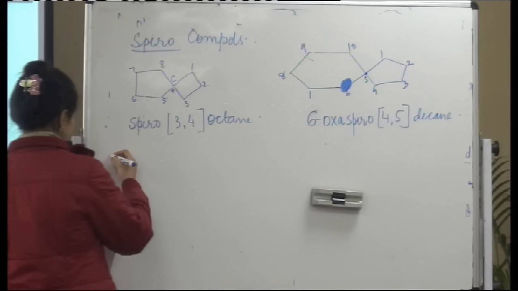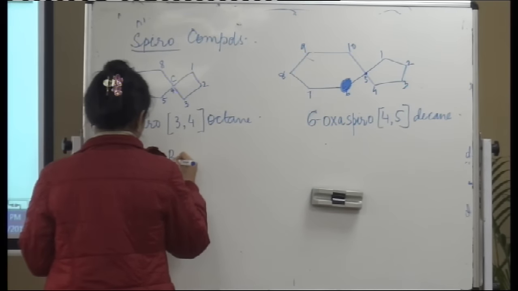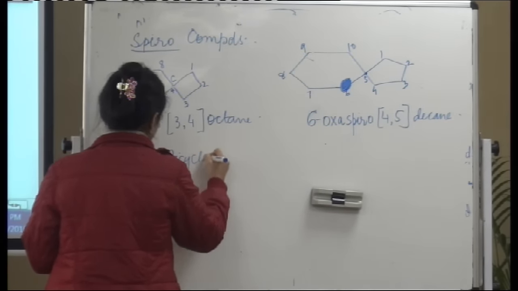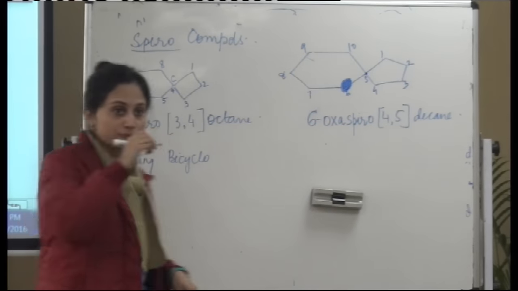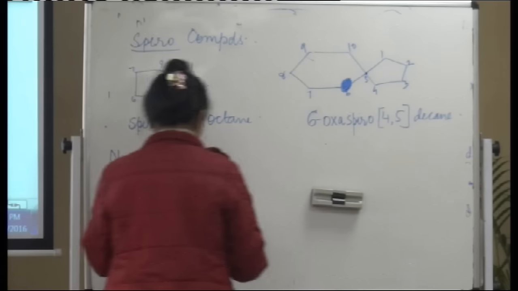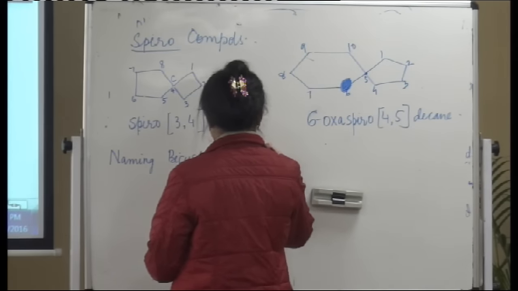Then we can even name the bicyclo compounds. Bicyclo is now different. In bicyclo, you have a kind of a bridge in between. Let me just give an example to you.